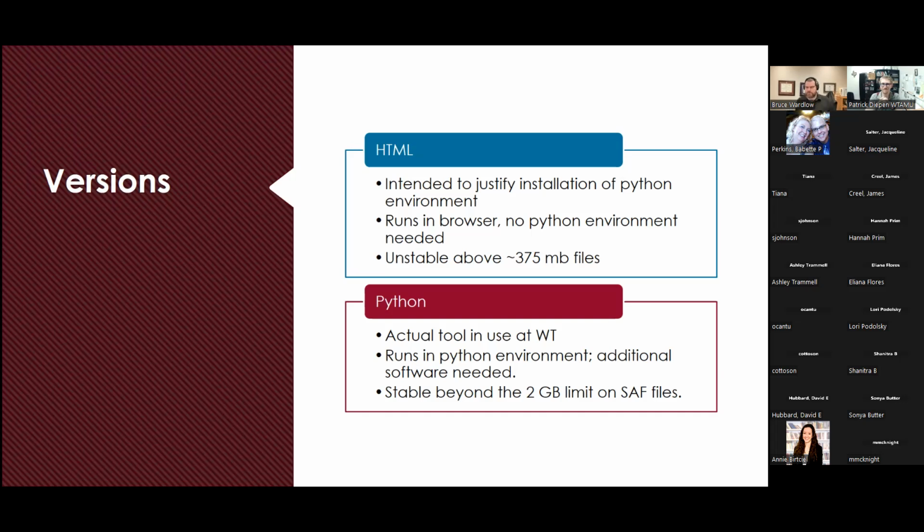So for those of you who are unfamiliar with it, the Simple Archive Format, or rather DSpace, has a limit of 2 gigs per bulk upload file. And that, for us, is roughly a year's worth of newspapers. And as we went through that year's worth of newspapers, we figured out that the HTML version didn't require installation.